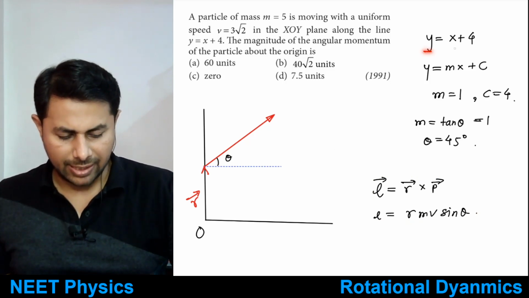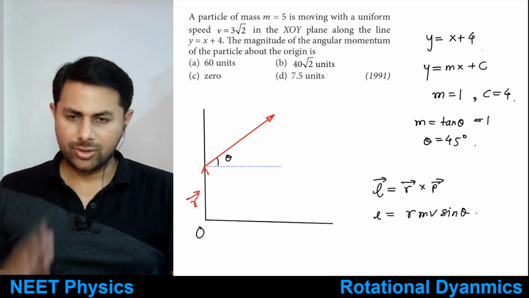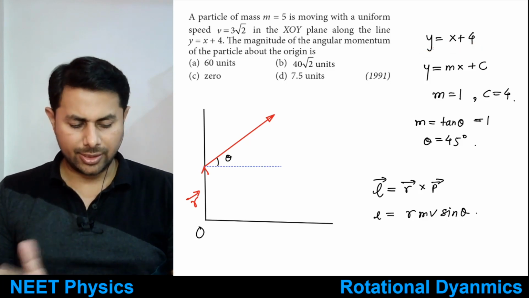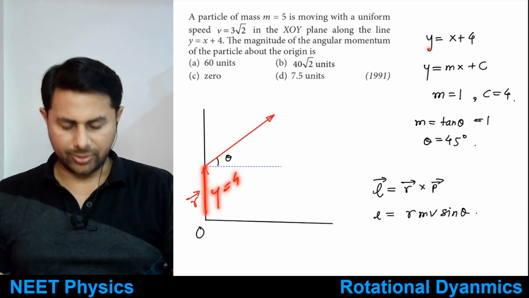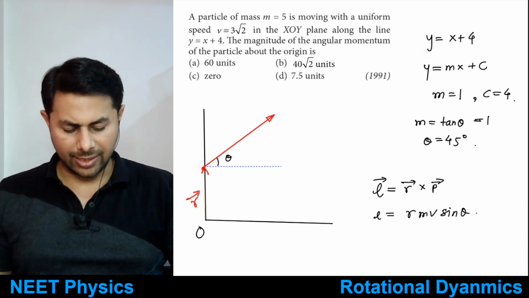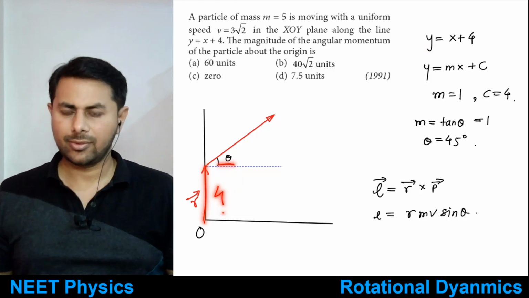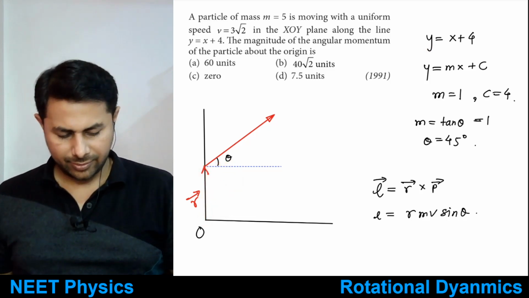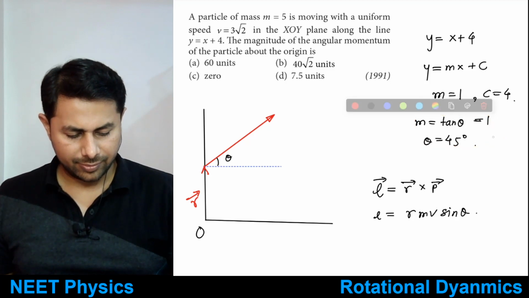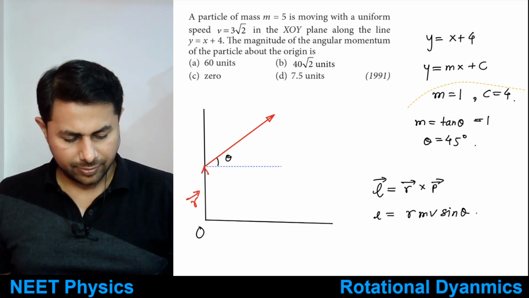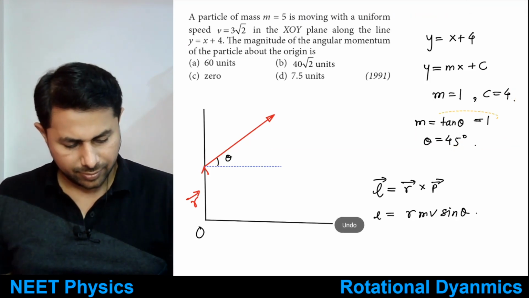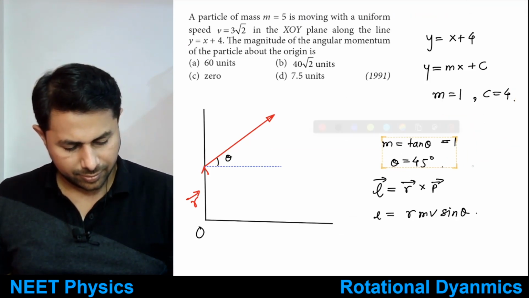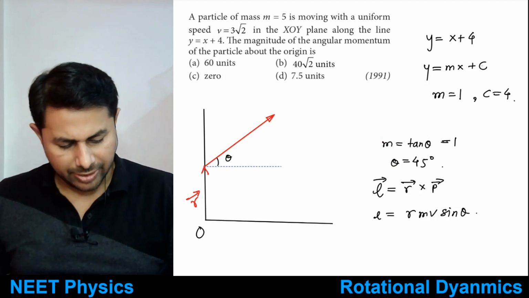Because your equation is y equals x plus 4, put x equal to 0, then you get y equal to 4. So at the beginning, when x is 0, y is equal to 4. So the value of r is 4. In this equation, what is c?